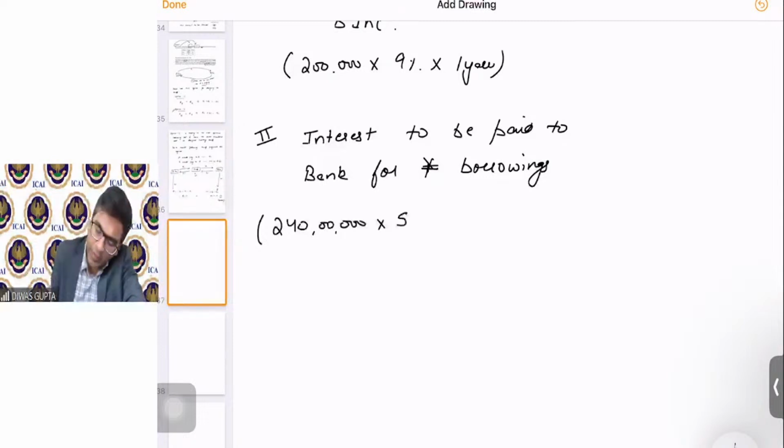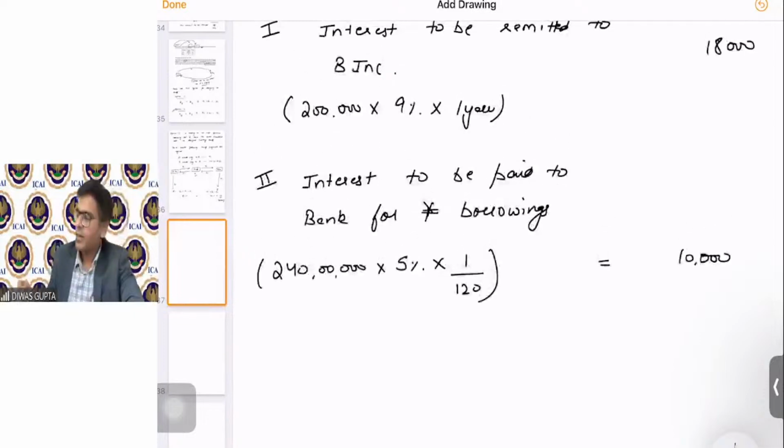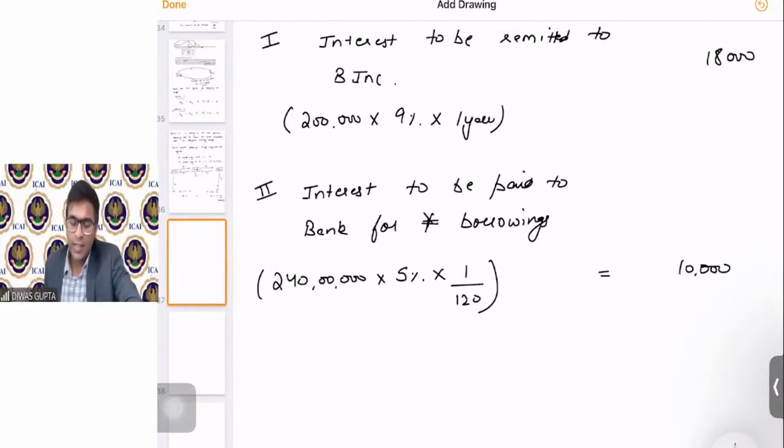Multiplied by what is the interest rate? 5%. Okay. But since we are doing calculation in USD, so we will again convert this into USD. The interest payment needs to be converted into USD. So this becomes $10,000. So 18,000 plus 10,000.